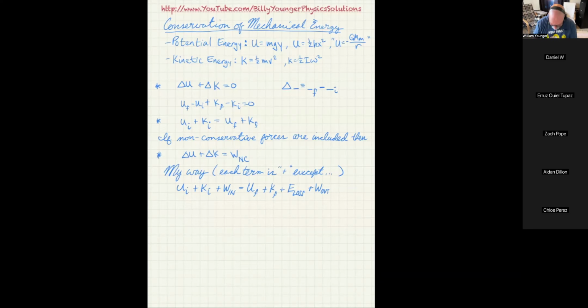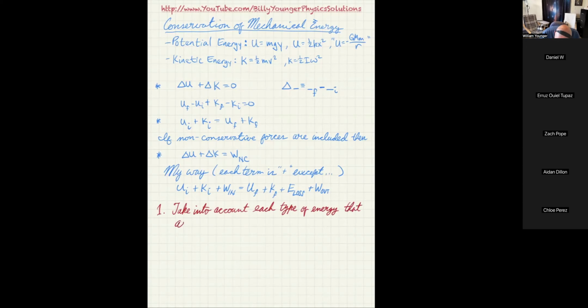The key point about this is you want to, one, take into account each type of energy that arises, and do so exactly once.